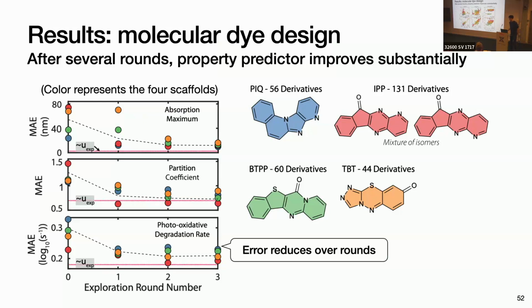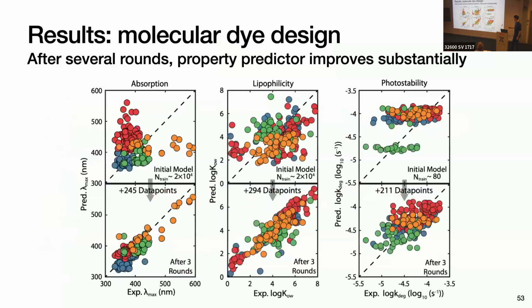This is a more visible plot: I think this is across 4 rounds. We added around 200 some data points, and you can see that the correlation between the prediction and the experimental measurement gets much better.